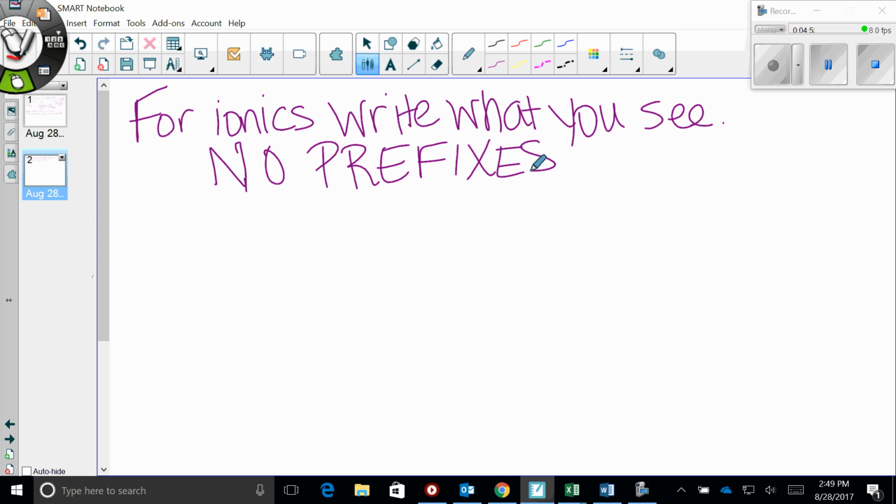All right, for ionics, write what you see. No prefixes. Still use I at the end if it's binary or transition metal.